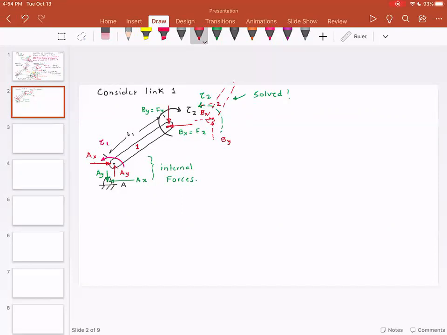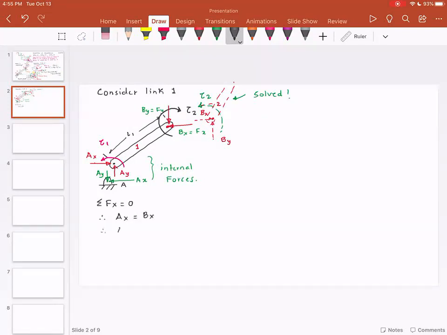So what I need to do now is, for link number 1, consider the free body diagram, which is drawn over here. Apply summation of forces in the x direction is equal to 0. Summation of forces in the y direction is equal to 0. So for link 1, summation of forces in x direction is equal to 0. That tells me Ax is equal to Bx.